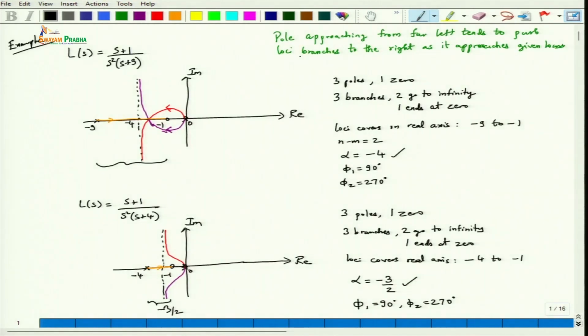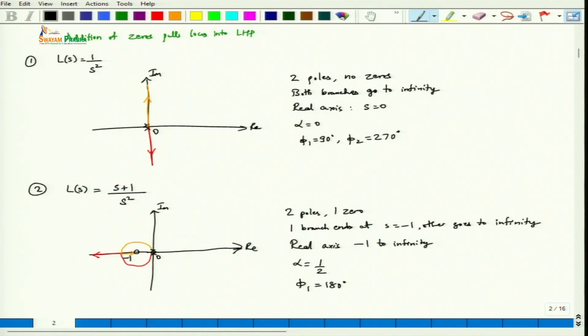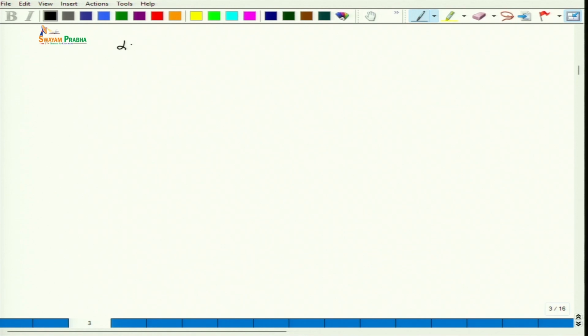These two observations we have made based on these examples, this is the first one and this is the second one, can also be seen using this particular formula for alpha, which was for the asymptotes.